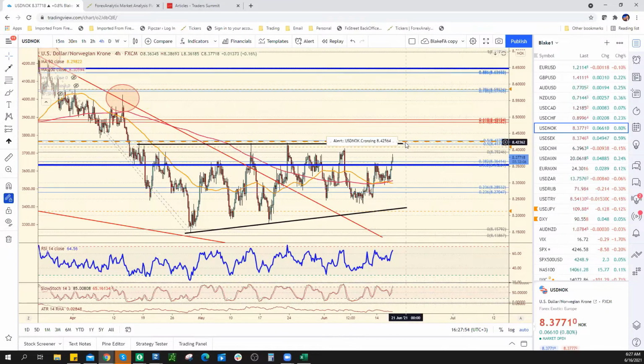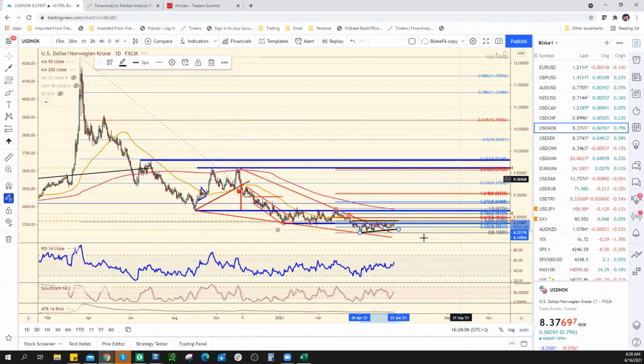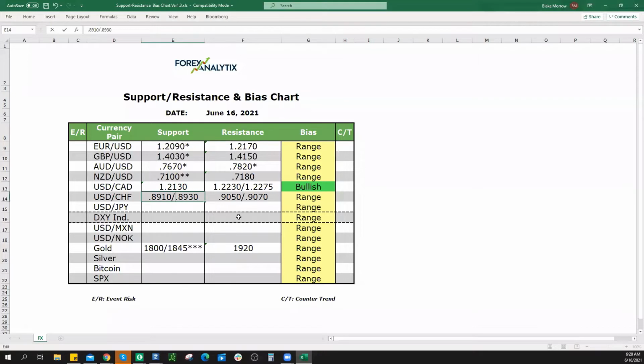But I feel breakouts looming. 8.42, 8.24. You guys know we've come out of this wedge, and a break above 8.42 would be bullish. We turn instantly bullish above there.